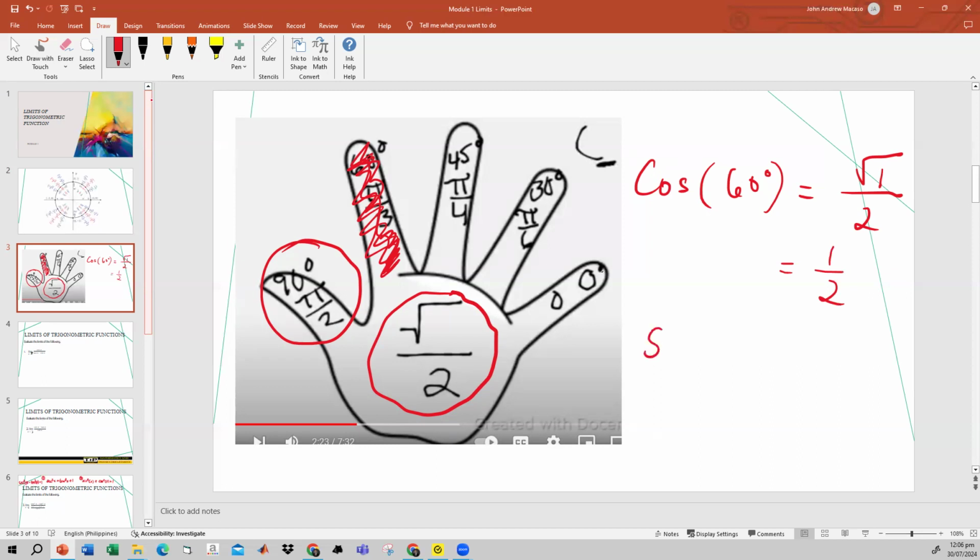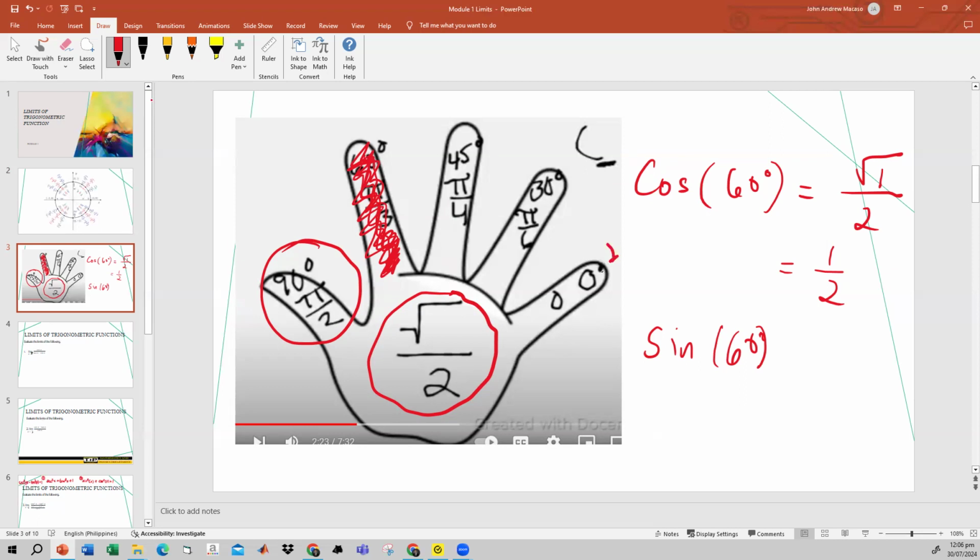Next, how about, sir, the sine? Let's say sine 60 degrees as well. So whenever you want to get the sine of 60 degrees, again, you just need to locate the 60 degrees, and of course, this is the same. But since we're looking for the sine, we'll start now with the little finger, and we'll count it as one.